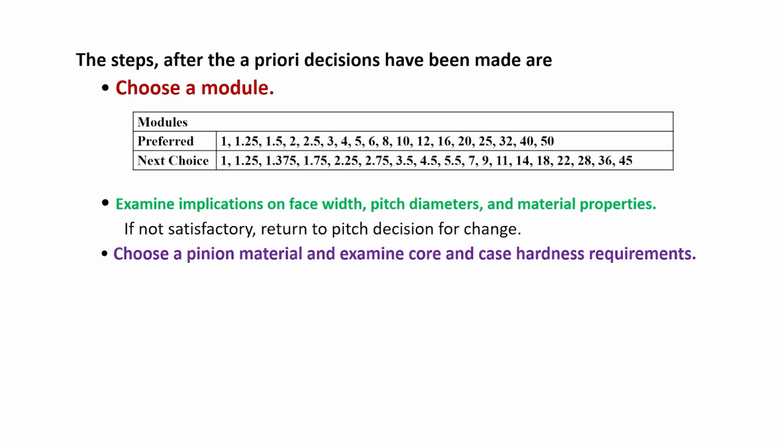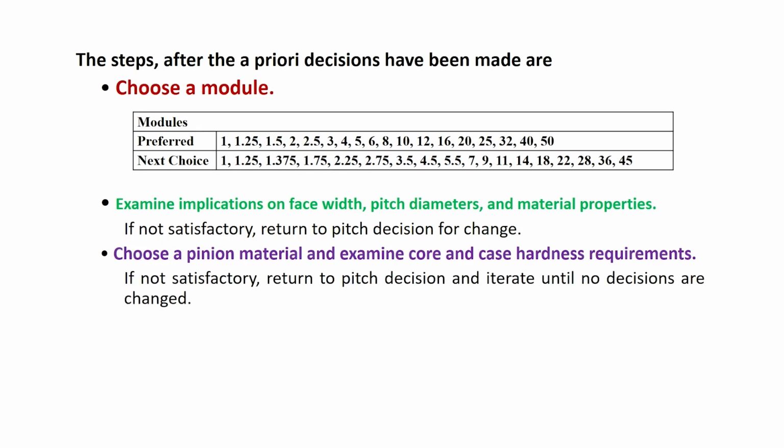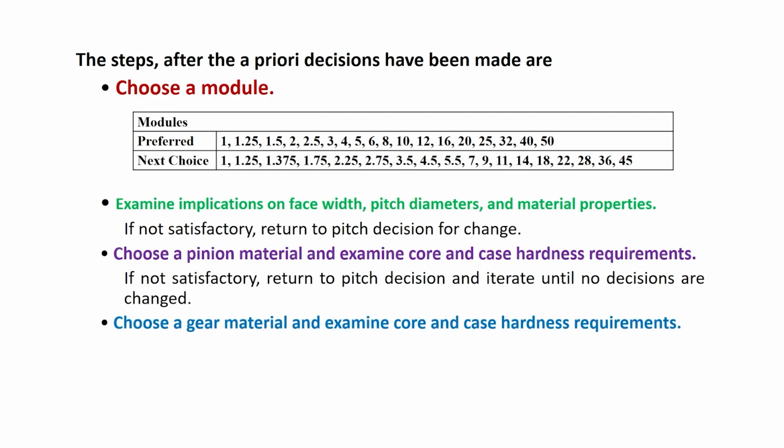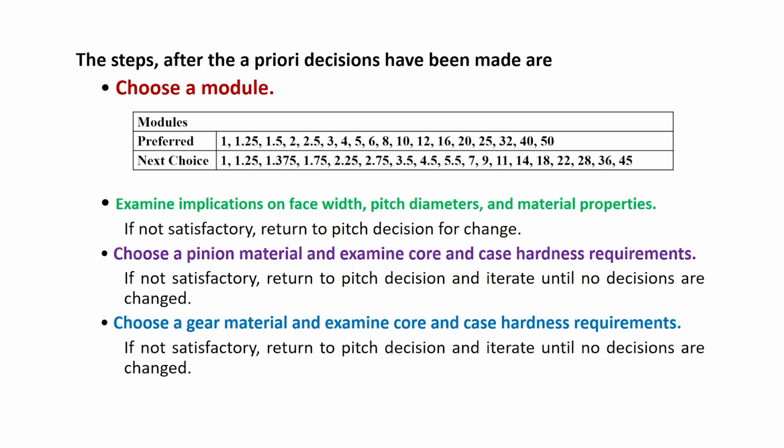Choose a pinion material and examine core and case hardness required. If not satisfactory, return to pitch decision and iterate until no decisions are changed. Choose a gear material and examine core and case hardness requirement. If not satisfactory, return to pitch decision and iterate until no decisions are changed.